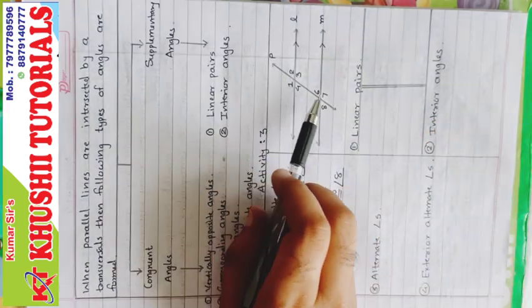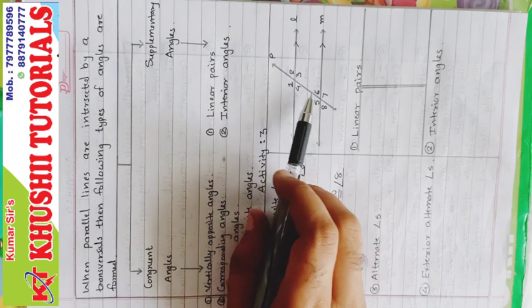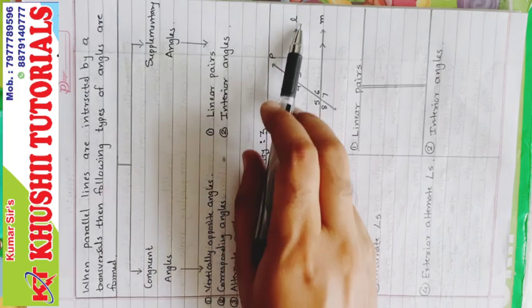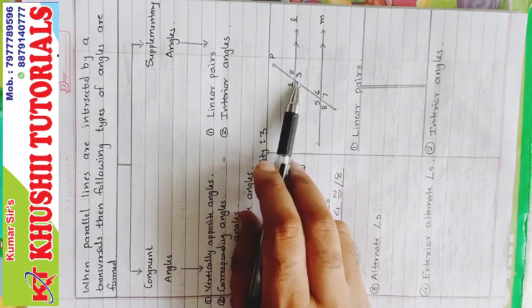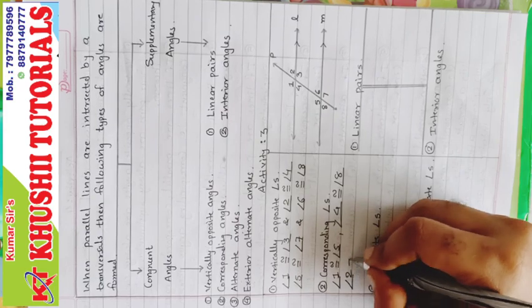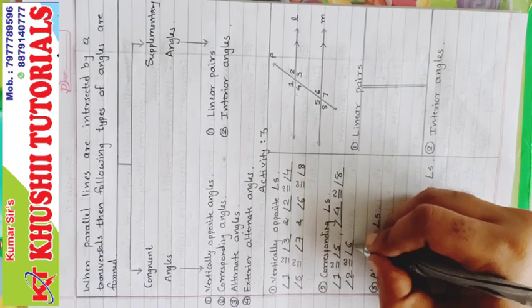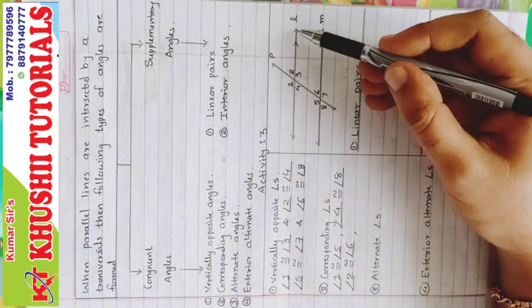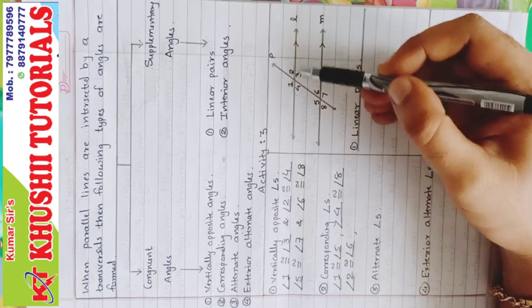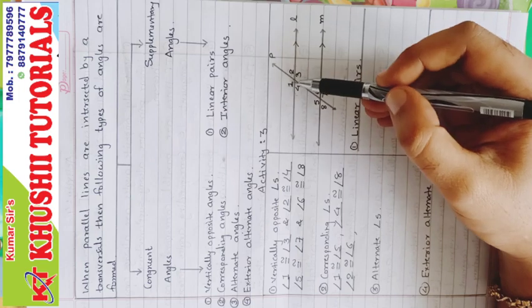Now 2 and 6. Correct? 2 is down and right. So 6 is also, see, down and right. So angle 2 and angle 6. Now angle 3, this is towards the left and down.